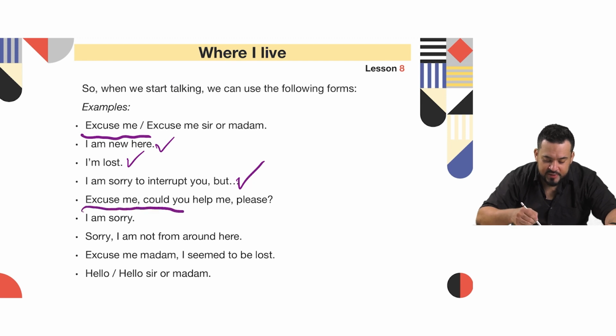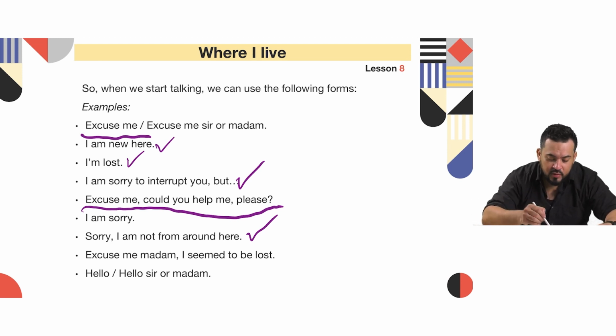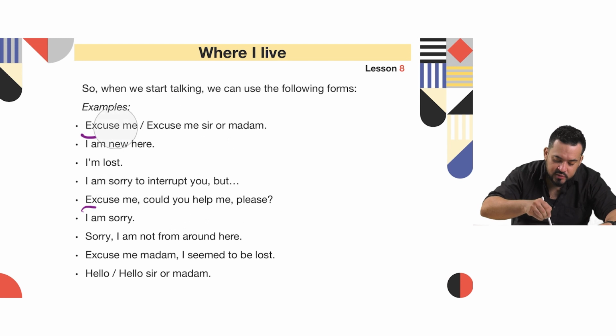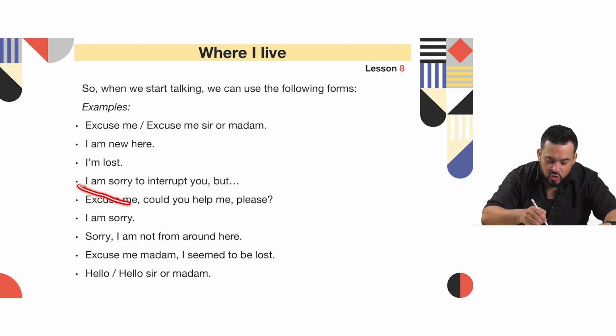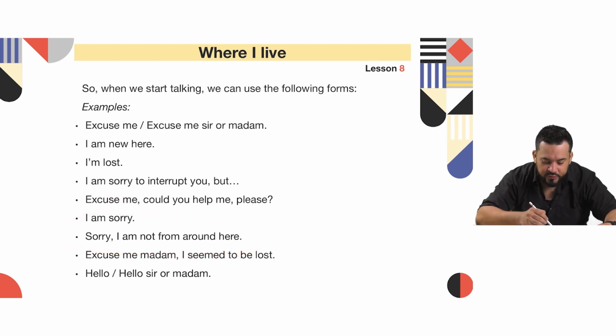You can use this sentence also. Excuse me, could you help me, please? Sorry, I'm not from around here. We're making a mess. Let's do this better. Okay, so where are we? Here. Sorry, I'm not from around here.